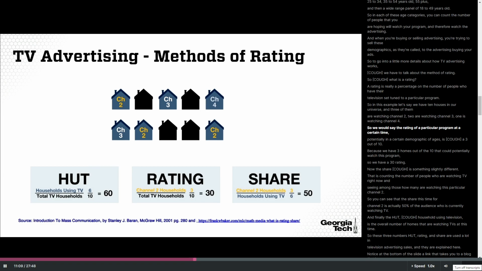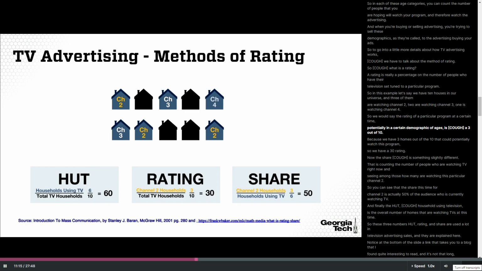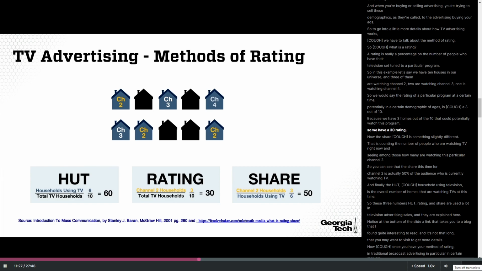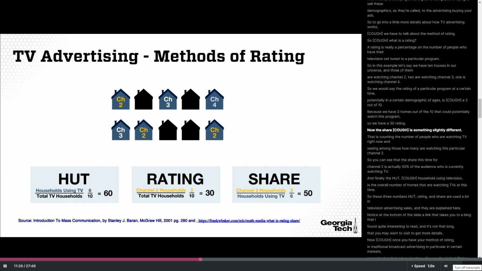So we would say the rating of a particular program at a certain time, and potentially in a certain demographic of ages, is a 3 out of 10 because we have 3 homes out of the 10 that could potentially watch this program. So we have a 30 rating. Now the share is something slightly different.